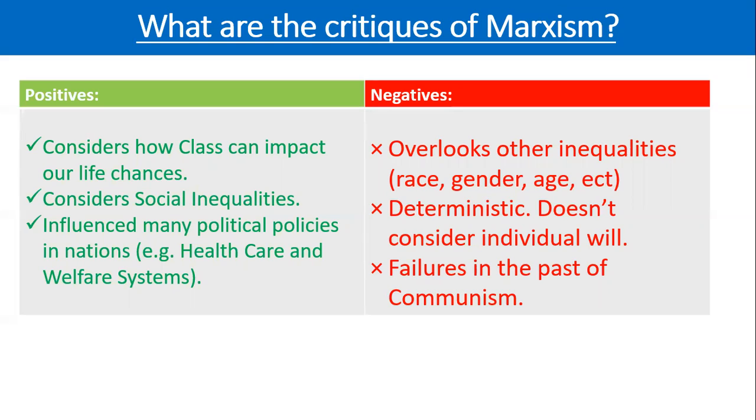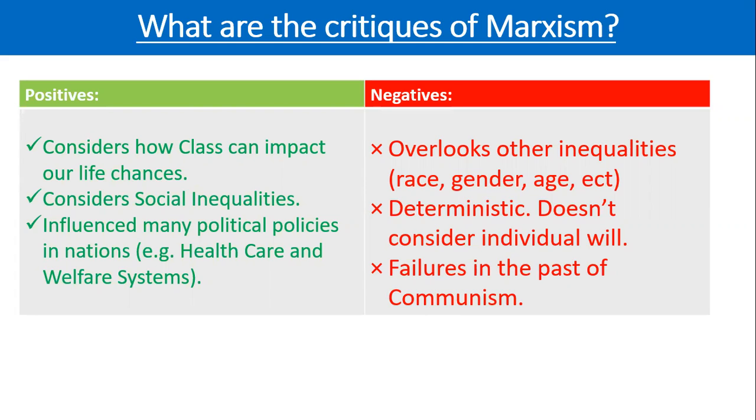But there are some negatives as well. So yes, it's great in terms of looking at certain social inequalities, such as class, but it does neglect some of the other main ones like race and gender and age. It's also quite deterministic, and this is a critique you would have seen with a lot of the theories that are structuralist.